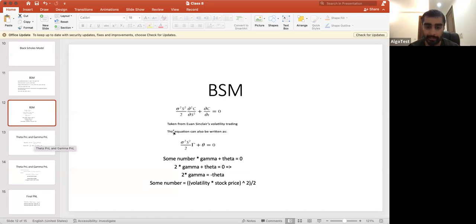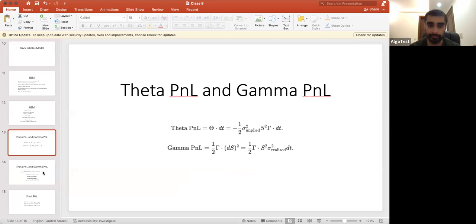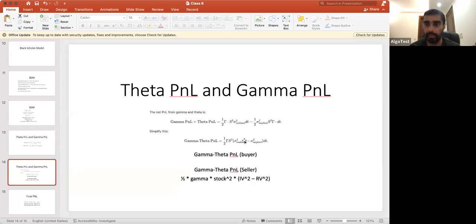Then whatever I make in gamma, I'm going to give away in theta as an option buyer. Whatever I make in theta as an option seller, I'm going to give away in gamma. These become the same, right? My gamma theta PNL becomes 0. This is a very fundamental concept.